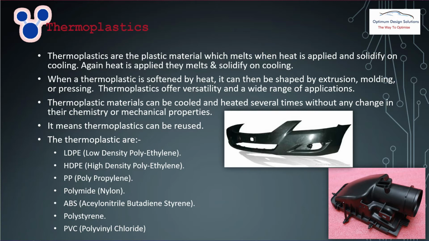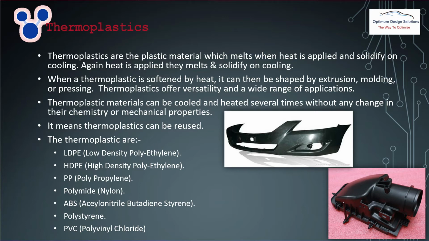So in the automobile industry, we are mostly using thermoplastic materials or thermoplastic components for manufacturing different automobile components. The thermoplastic material can be cooled and heated several times without any change in its chemical or mechanical properties. So it means the thermoplastic is simply reused or recyclable.